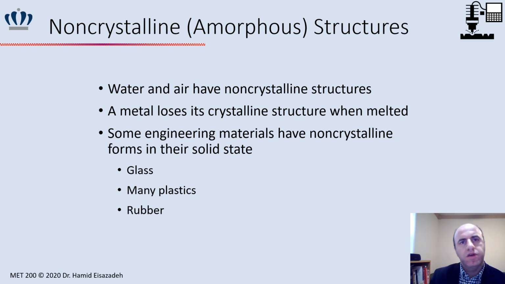Okay, what is a non-crystalline or amorphous structure? Non-crystalline and amorphous mean the same. Water and air are some of the non-crystalline structures, and we don't discuss these materials in this course, but it's good to know that once the metal is transformed to liquid, then it becomes amorphous or non-crystalline.